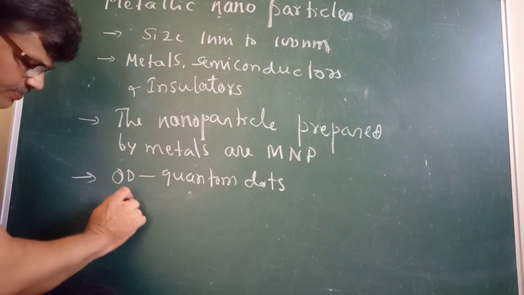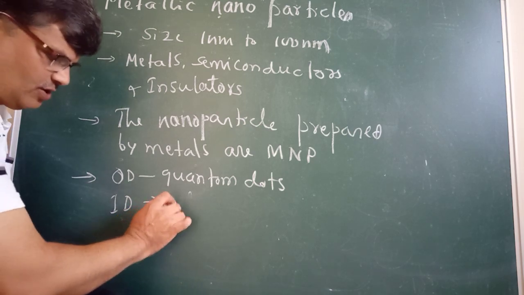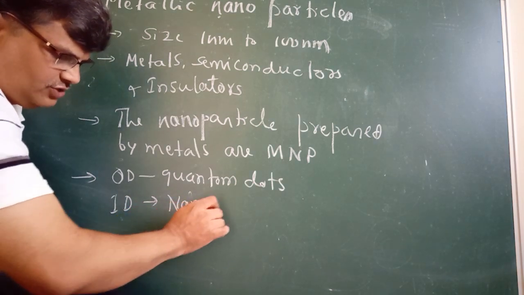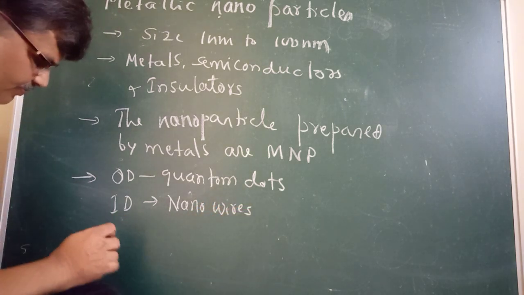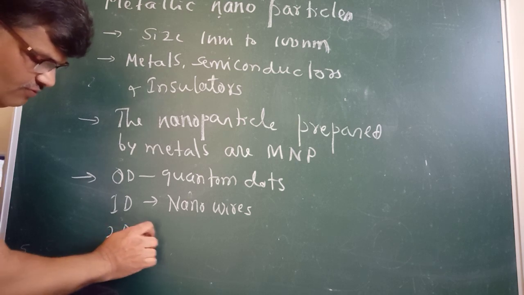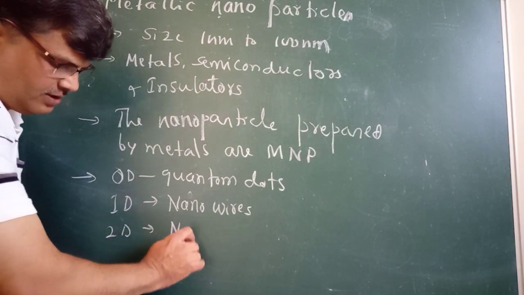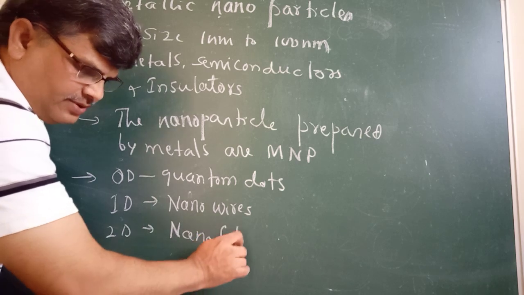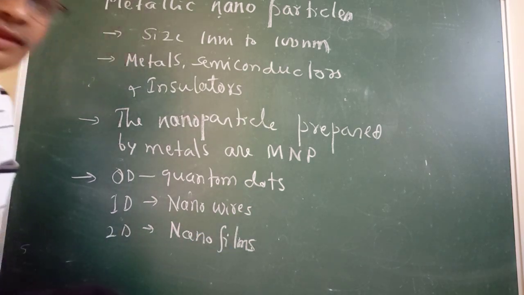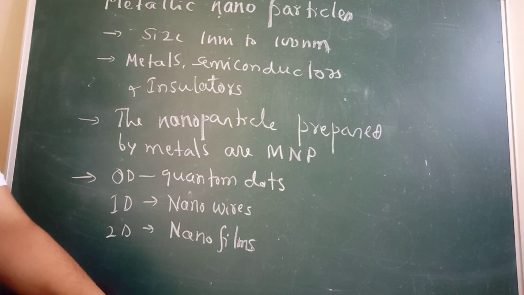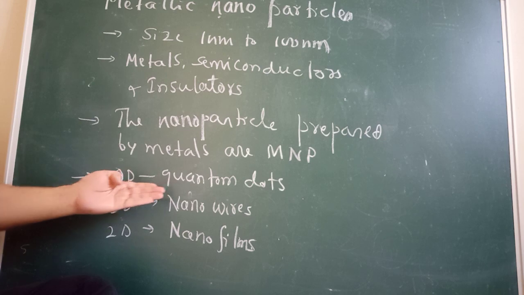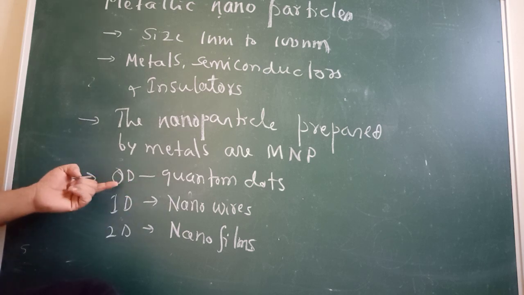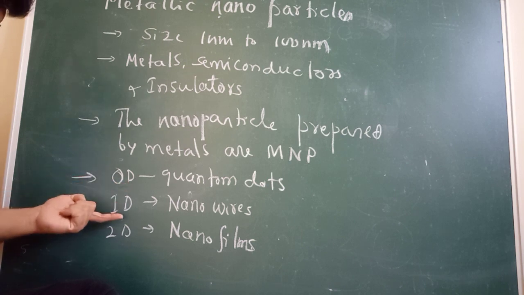One dimension: nanowires or nanofibers, and two dimension: nanofilms. So metal nanoparticles are in the form of zero dimensional nanoparticles, which are confined to nanoscale in all the directions.